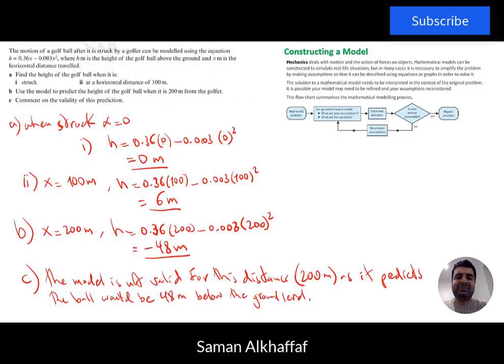So this will be our explanation, that it is not possible to have a negative value at a distance of 200, as it predicts the ball would be 48 meters below the ground level. And these will be our answers for this question.